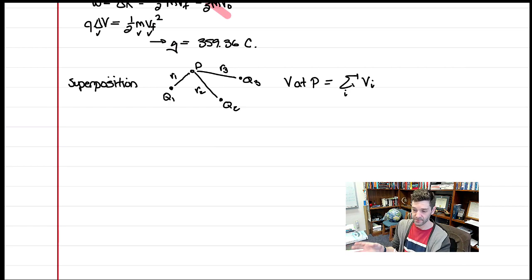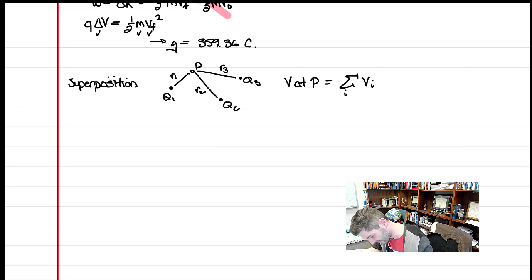Each charge, really, creates an electric field. Each of them has their own agent that they kind of shoot out into space. They each have a potential. You can associate a potential with each of them. I can then talk about the potential at a given point as the sum of them.